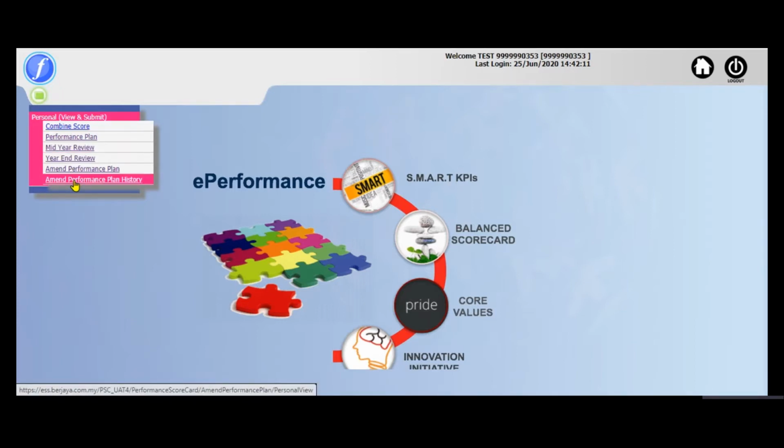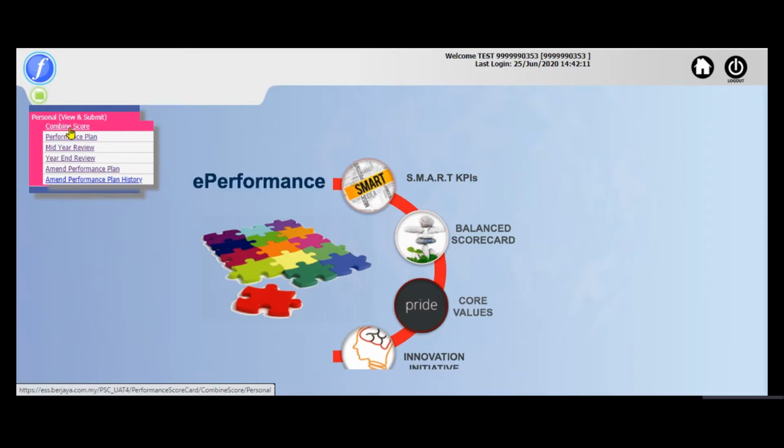So what does it mean? Combined score is actually very rare for employees in the company, because this talks about an employee who got promoted halfway in the middle of the year, or staff who got transferred from one department to another in the middle of the year.